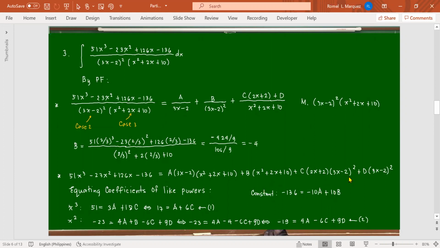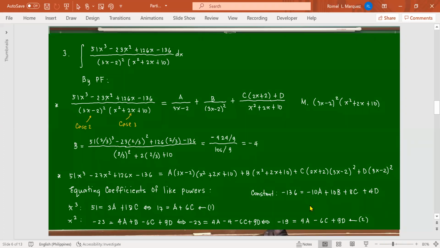What about here? Positive 4 times 2, 8c. And then finally, plus, when expanded, we'll have 4, then times t, so 4b. Okay? So those are the terms that are constant terms. So the sum is supposed to be equal to negative 136.